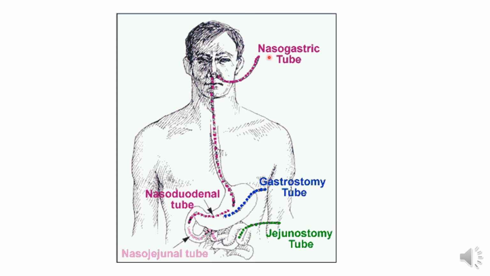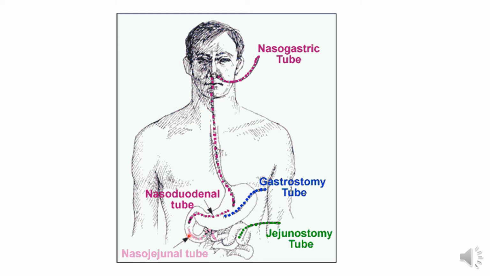So these are showing the different forms of enteral nutrition. Here we have the nasogastric tube. Now, the nasogastric tube is passed through the nose into the stomach. When this tube extends to the duodenum, it's called a nasoduodenal tube.